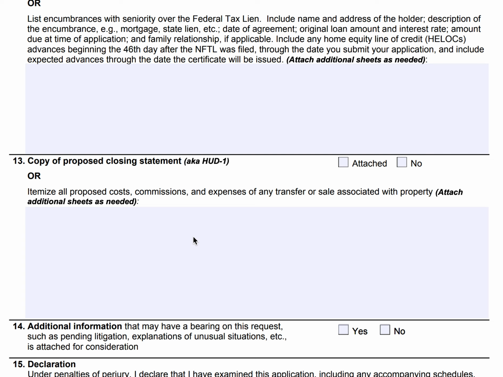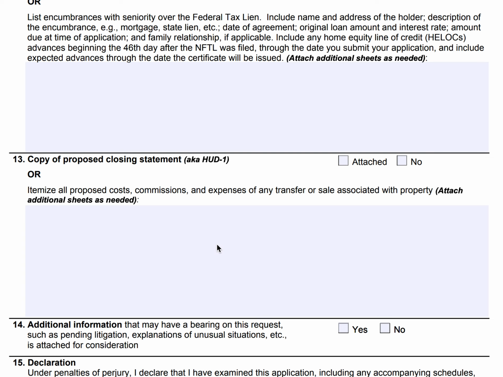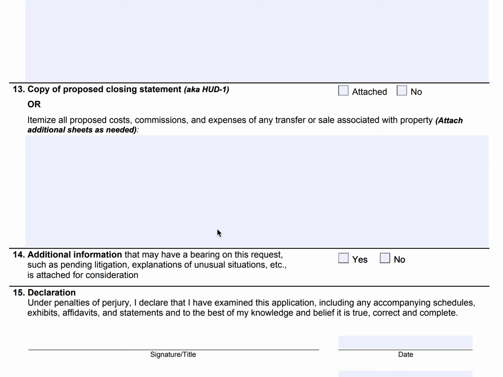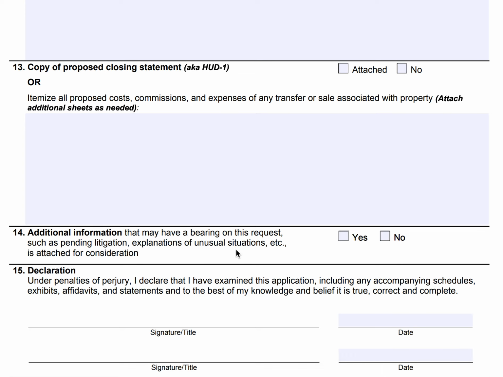Item 13, you're going to attach a copy of the proposed closing statement. HUD-1 is what they used to be called, although I don't believe that they're officially called HUD-1s anymore, but you would attach a copy of that. Any additional information, again, yes or no. That field's pretty self-explanatory. If there's pending litigation, if there's an additional explanation.